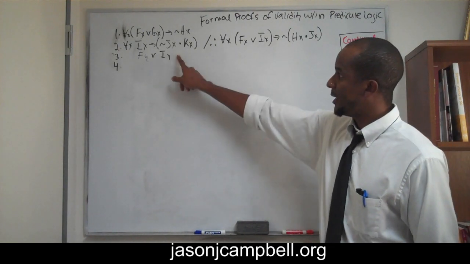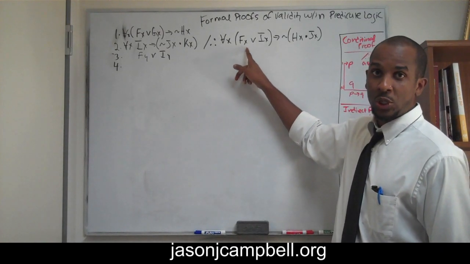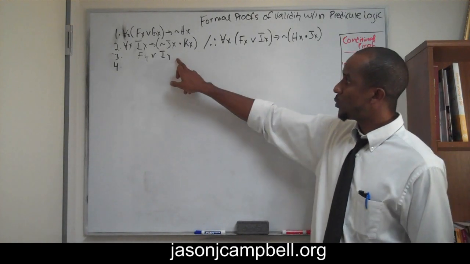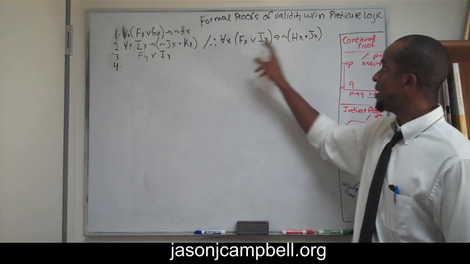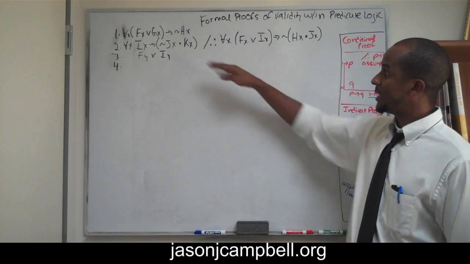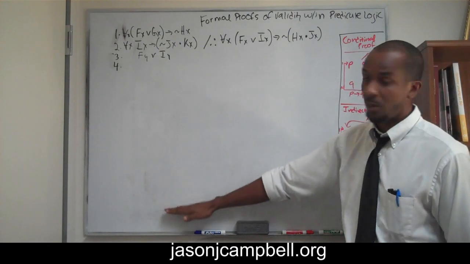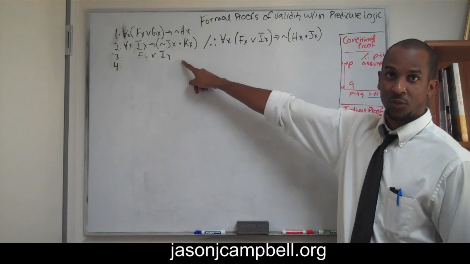The first thing I did was make my assumption for my conditional statement. You should know immediately that since we've made this assumption, we need to derive this consequence in order to tidy up this initial assumption. So we're looking for this somewhere in our problem.